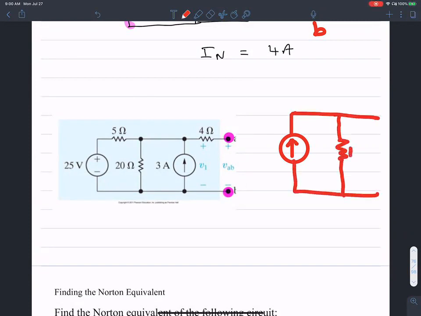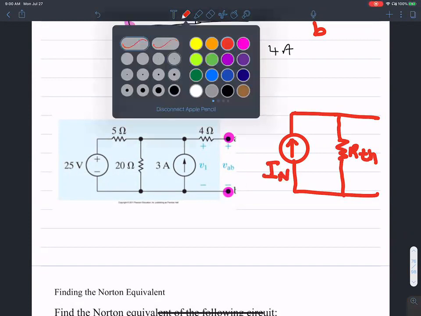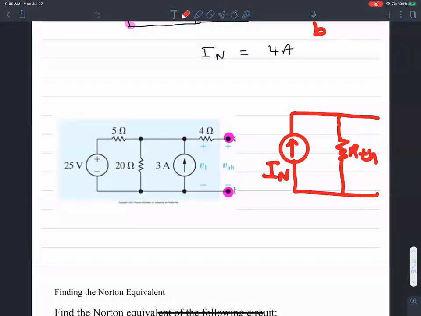So this is RTH, this is I Norton. I just found the value of I Norton to be 4 amperes, and I already found the value of R Thevenin to be 8 ohms, and that's the Norton's equivalent.